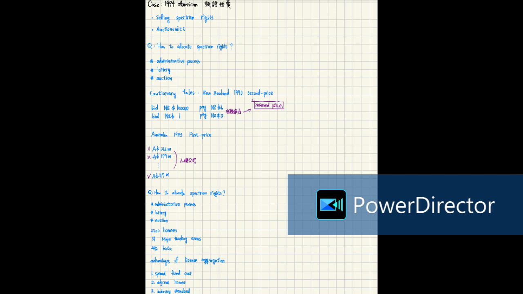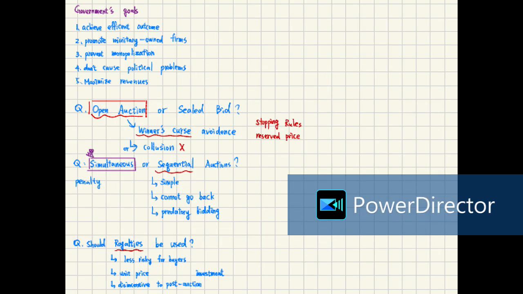So let's try to decide on auctions. The government's goal is to achieve an efficient outcome, right? The second is to promote military-owned firms. I don't want to explain the detail. The third is to prevent monopolization.